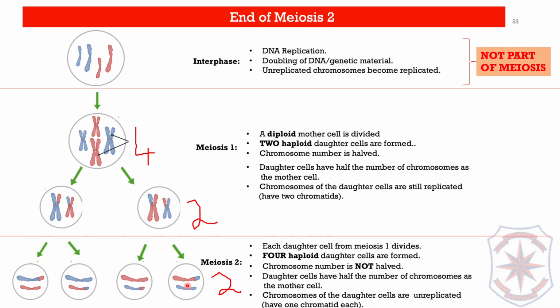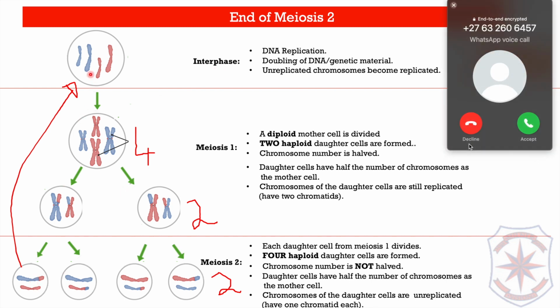Now, if you look at this cell and look at that cell over there, the original mother cell, the original mother cell, as you can see, also contained unreplicated chromosomes before the cell underwent interphase, before it prepared to divide.